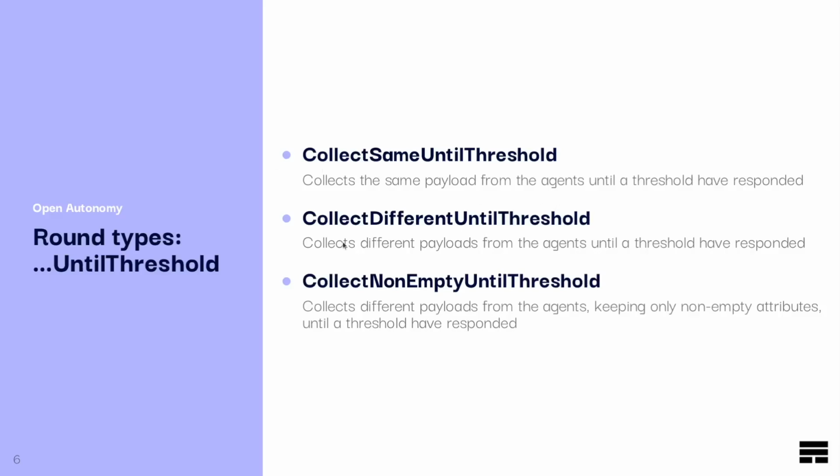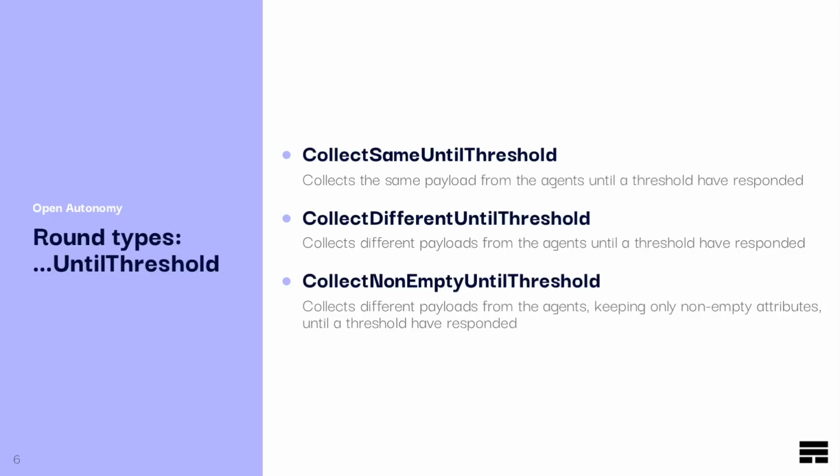Collect different until threshold expects different payloads from all the agents, again until a threshold of them have responded. This can be, for example, a round used in a price oracle where the different agents collect information from different sources, and of course they are not going to get the exact same quote for a given price.